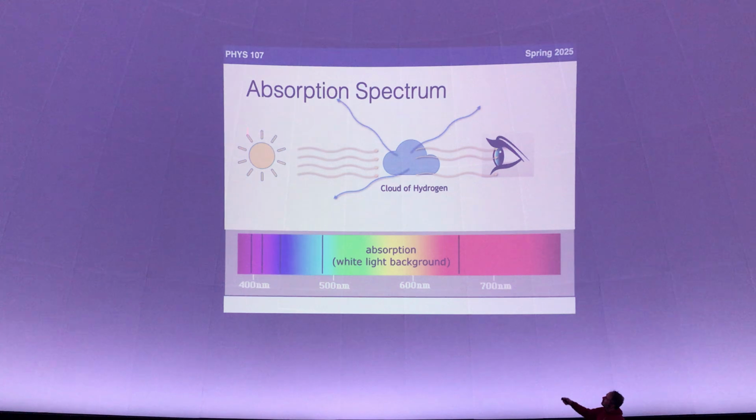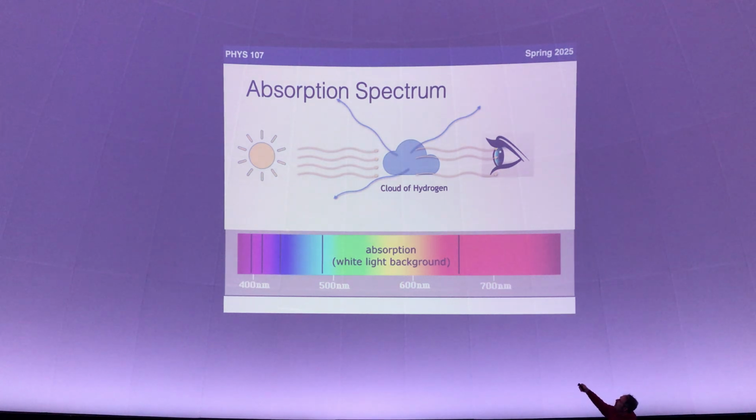So if I put a sun or a star behind it and I get a lot of light coming through the cloud of hydrogen, then at that particular wavelength, the electrons actually swallow a little bit of the energy and bump up. And if they then fall down, they emit the light in every direction.